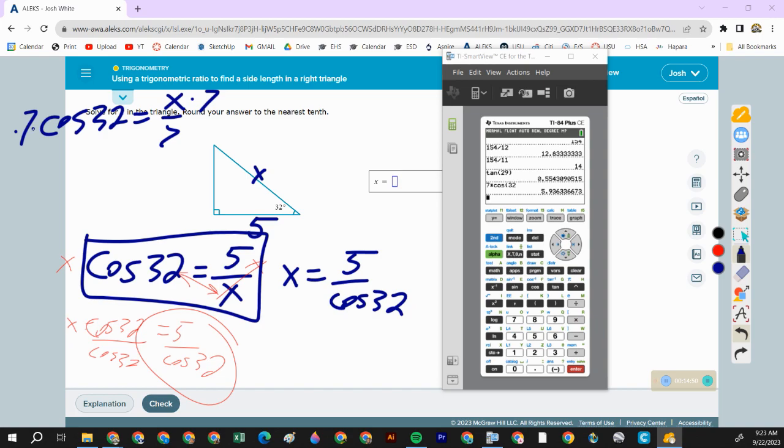So if your variable is on top, you just multiply by the denominator and you're done. If your variable is in the denominator, you switch places with the variable and the trig function. And in right triangle trig, where you're missing a side length, those are the only two options. It's either going to be a multiply problem or a switch problem. There's no other possibility.